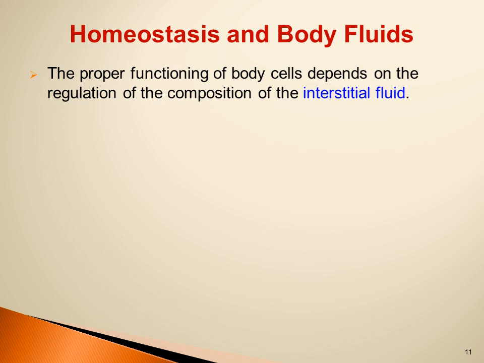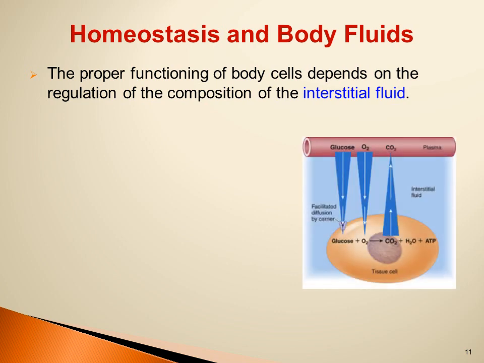The proper functioning of body cells depends on the regulation of the composition of the interstitial fluid, as I stated earlier. Here we can see a cell bathed with interstitial fluid, and a nearby capillary is present.